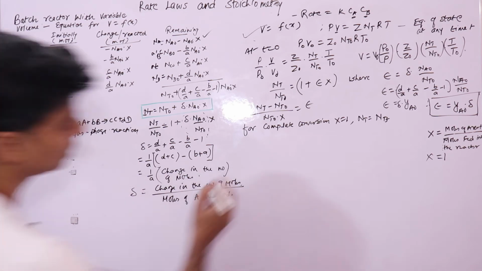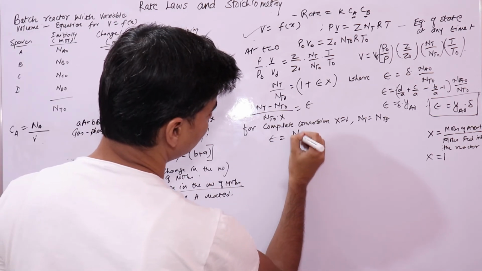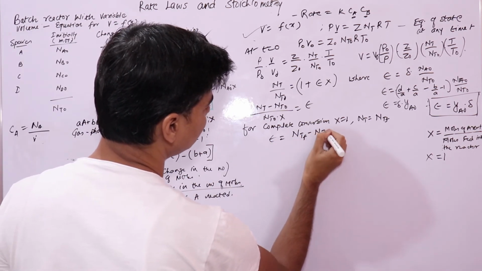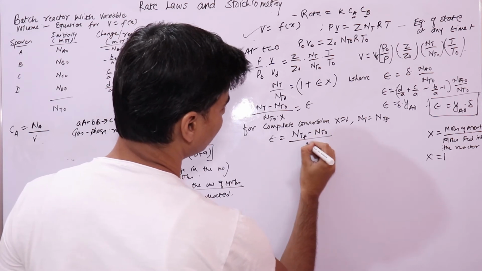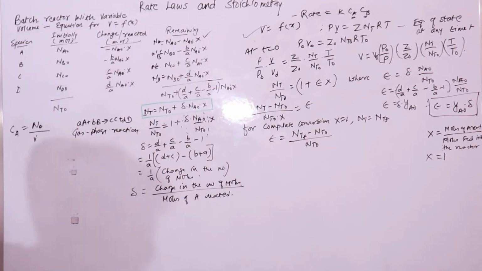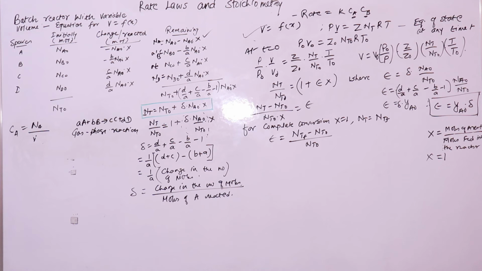So epsilon would be NTF minus Nt0 divided by Nt0, right? This is the expression for epsilon. So if you look at this NTF and Nt0, this represents the change in the total number of moles for complete conversion, right?